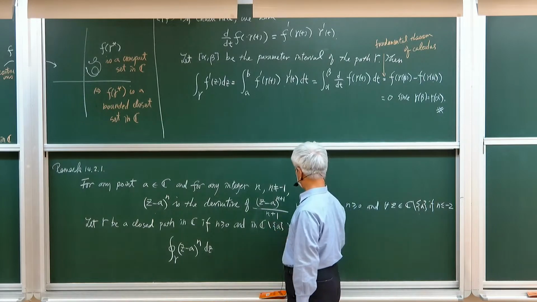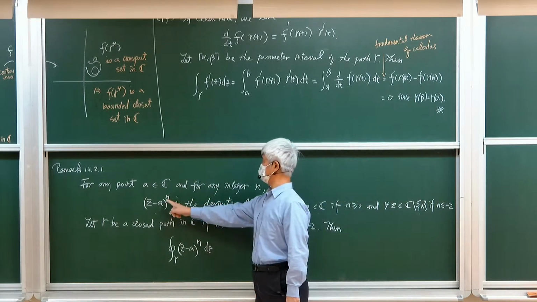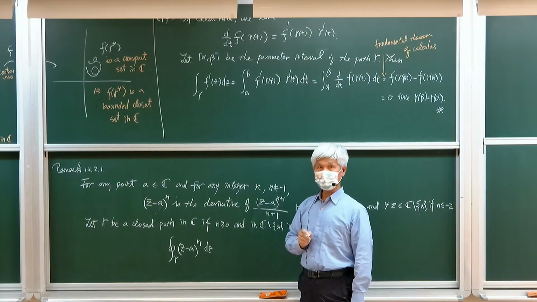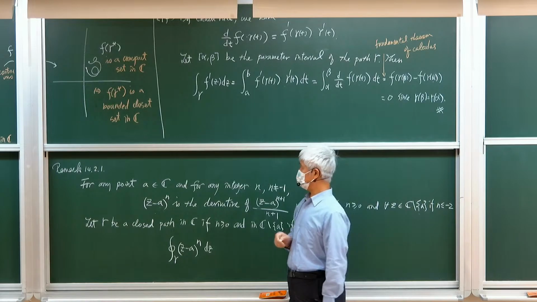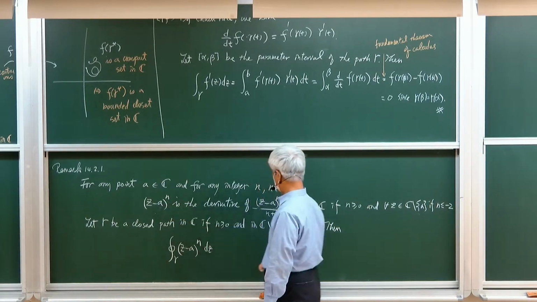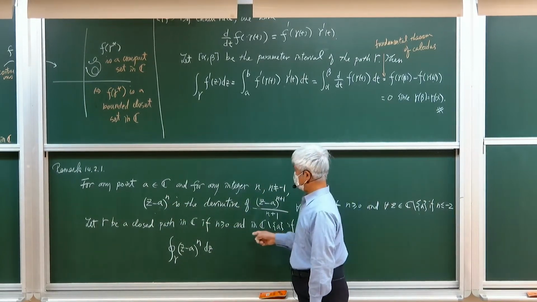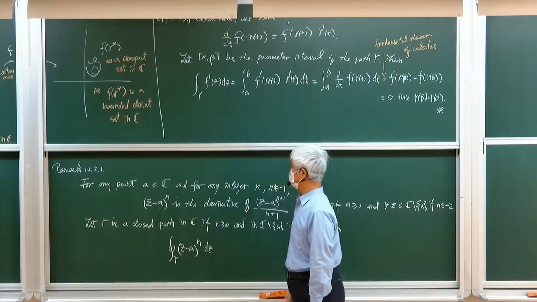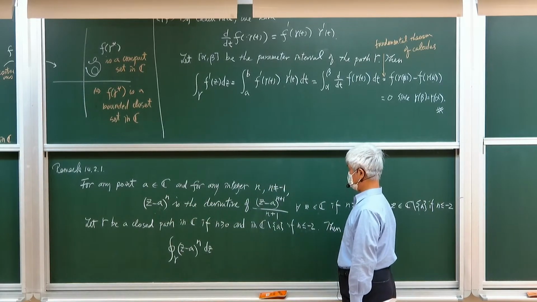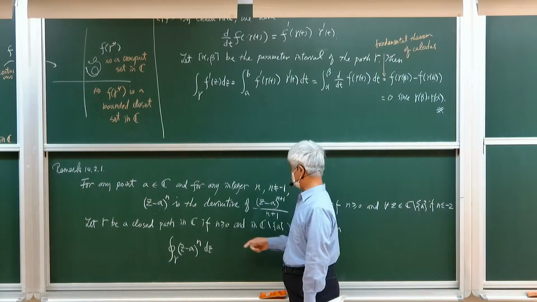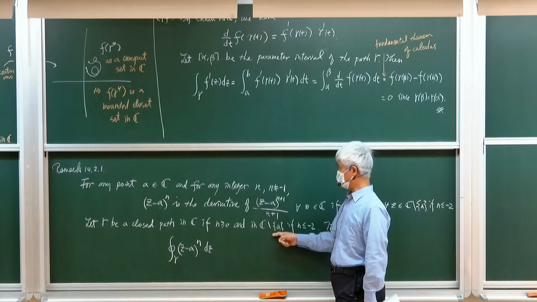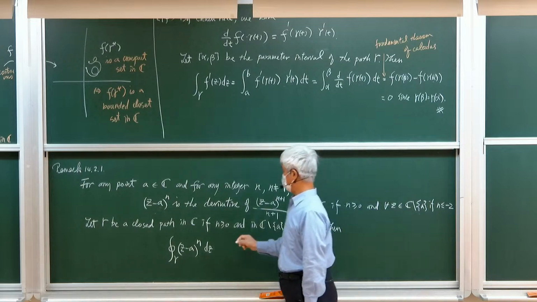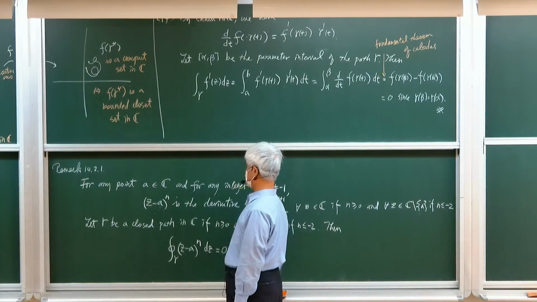And also, if n is less than or equal to -2, we have a rational function and the denominator is a polynomial. This derivative will be continuous for any path in here, because a will not be in the image of the path. Right, so this is 0.